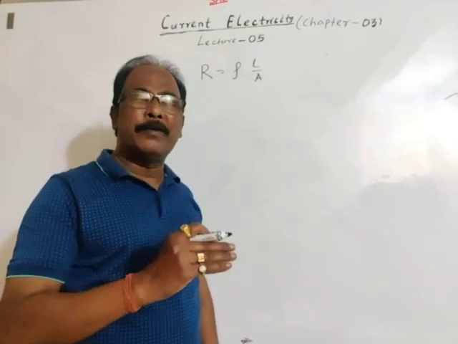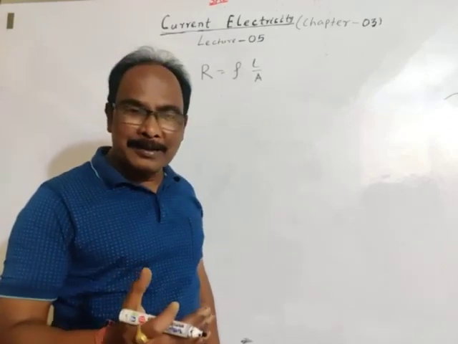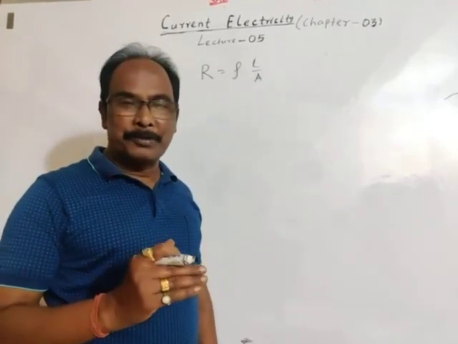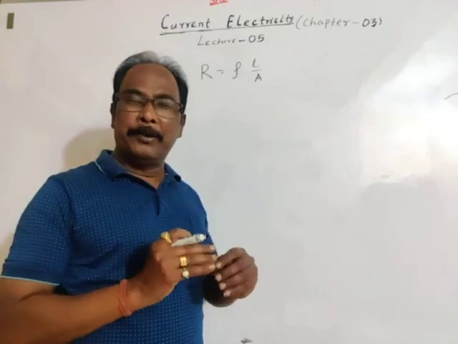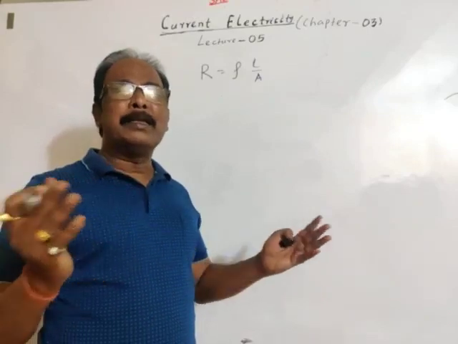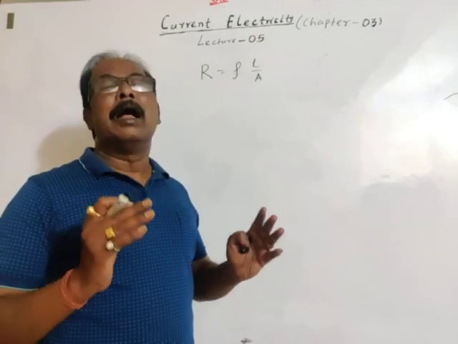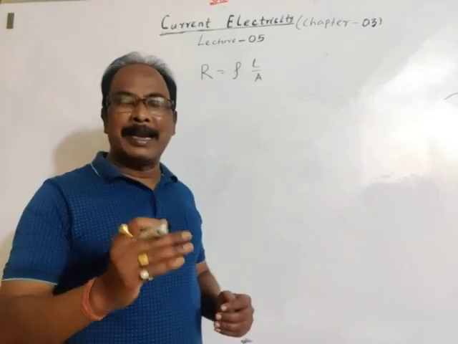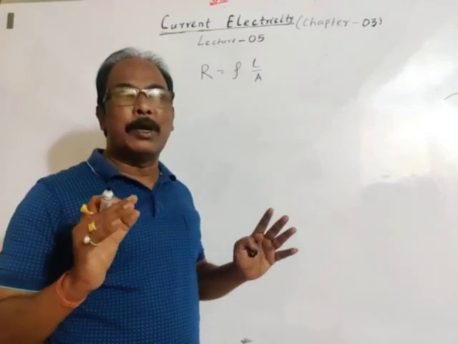So resistance depends upon four factors: nature of material, temperature, length, and area of cross section. How resistance changes due to change in temperature in case of conductor and semiconductor we'll discuss in the coming lecture, along with an idea on superconductors. In this lecture, we will do only some numericals on resistance of a conductor.